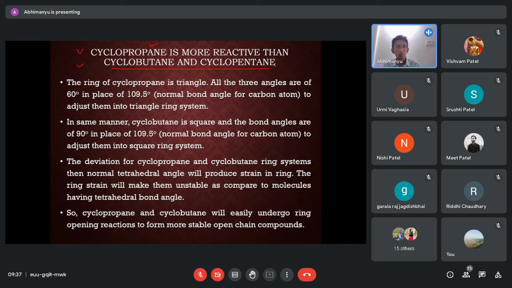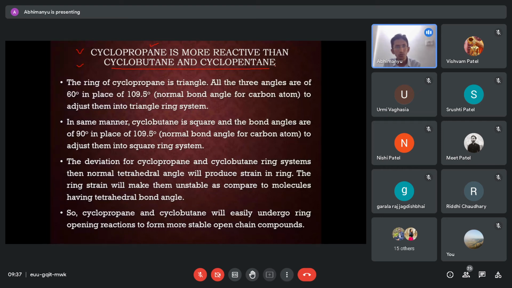Or the question may be asked differently: discuss the stability order of cyclopropane, cyclobutane, and cyclopentane. Or discuss the reactivity of cyclopropane, cyclobutane, and cyclopentane. So all these questions are ultimately the same discussion. You can discuss the stability or the reactivity of cyclopropane, cyclobutane, and cyclopentane based upon Bayer's theory, where the example can change.